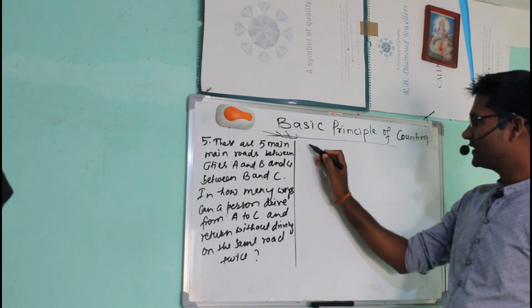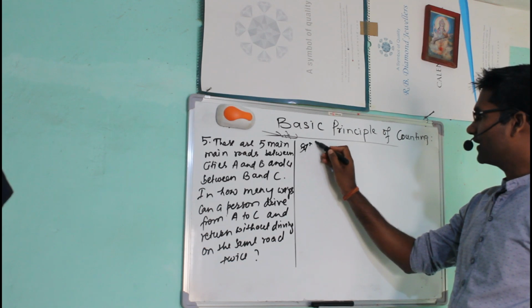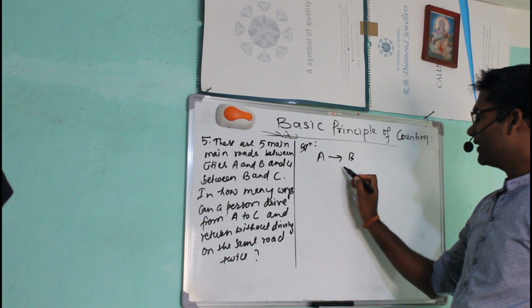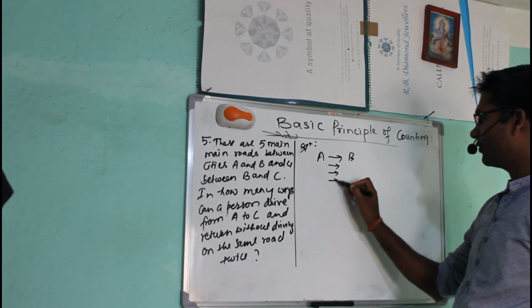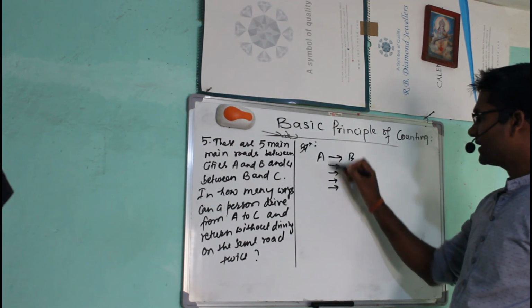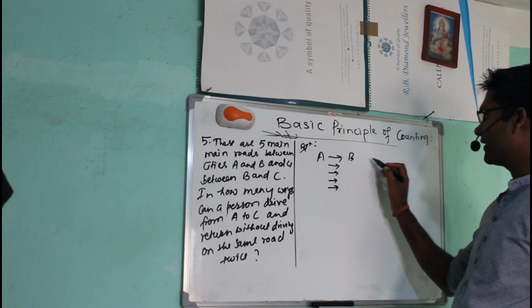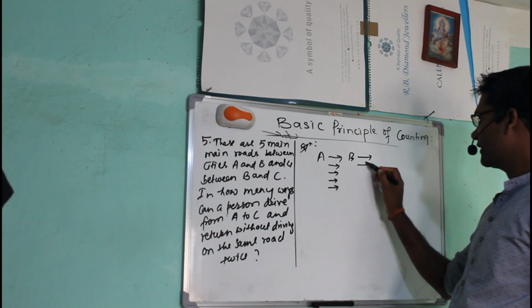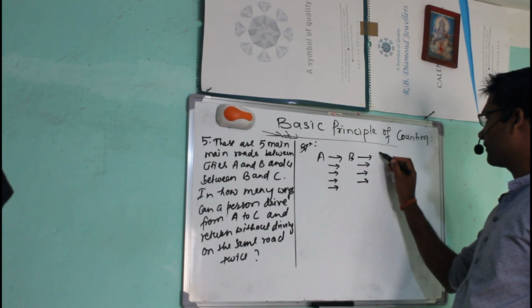The solution is like this. From A to B there are 5 roads. Between B and C there are 4 roads, 1, 2, 3, 4.